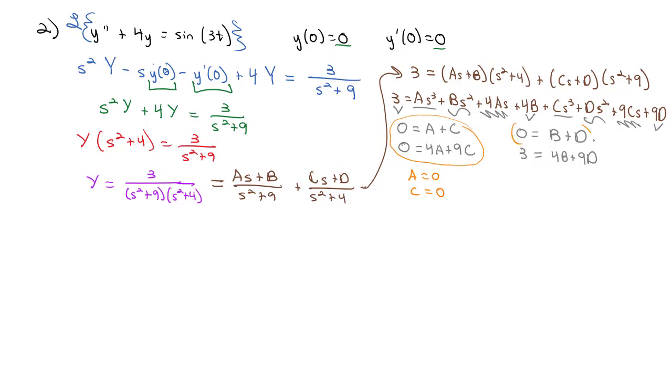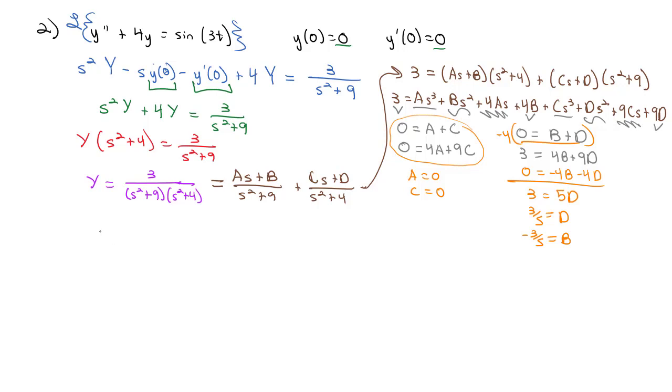With the other equations, we're going to multiply both sides of B plus D equals 0 by -4 to get 0 equals -4B minus 4D. So we have 3 equals 5D, which means that D is equal to 3/5. And if we know D plus B is equal to 0, B must be the opposite, which is -3/5.